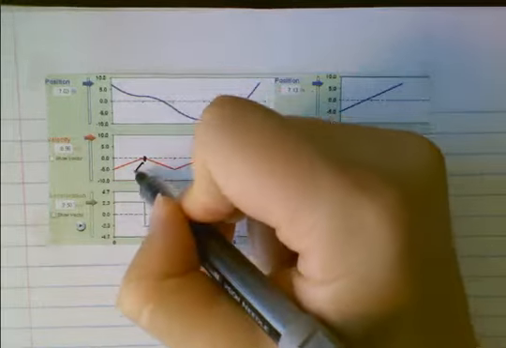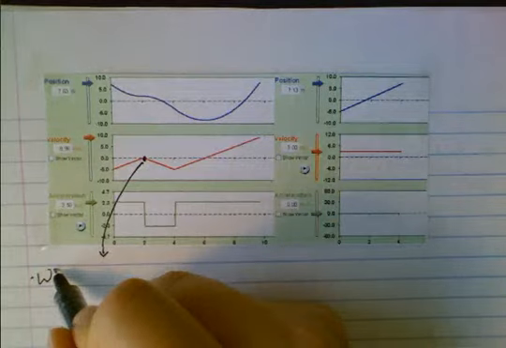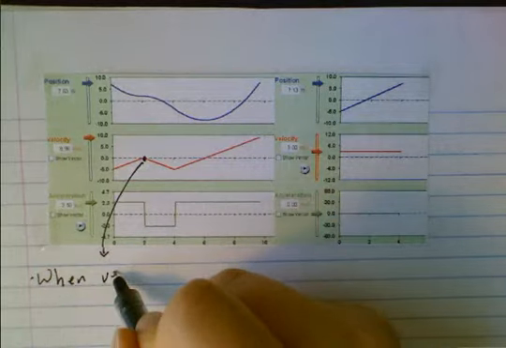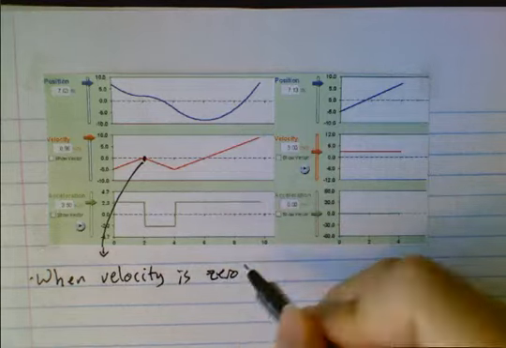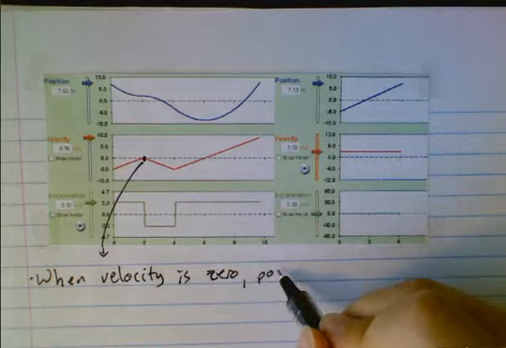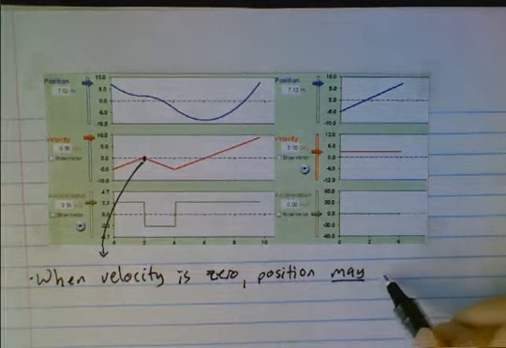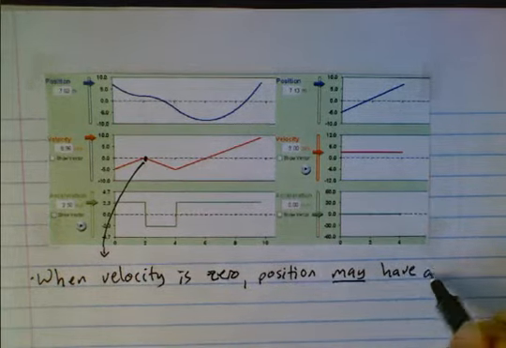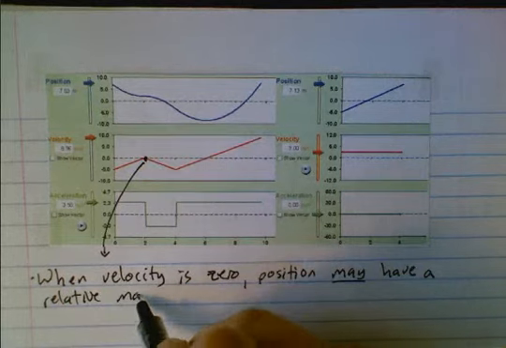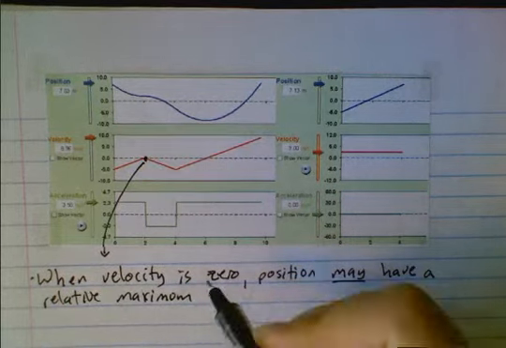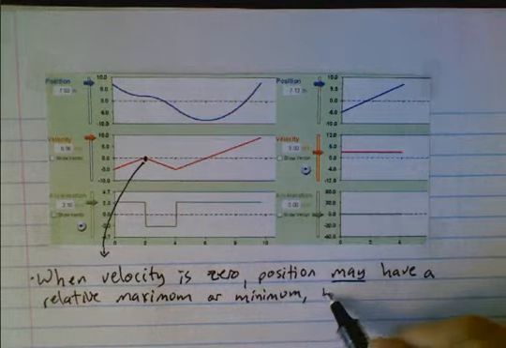So one of the key things to note here is that when velocity is 0, position may have a relative maximum or minimum, but it doesn't have to.